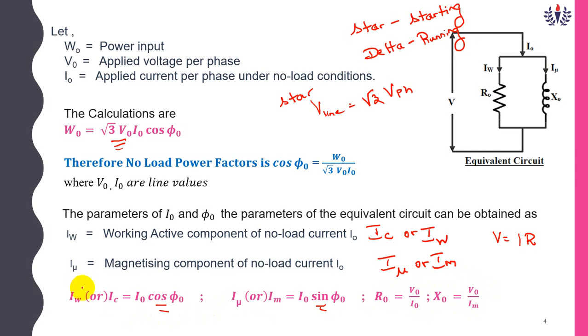These are the formulas we will be using for the no load test. This is my first formula, the power factor formula, third one, fourth and fifth formula is R naught, sixth formula will be the X naught formula.